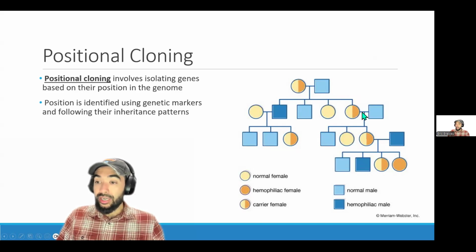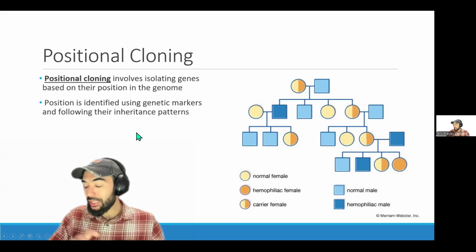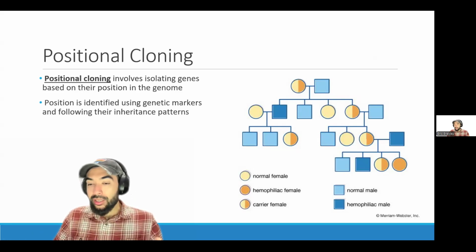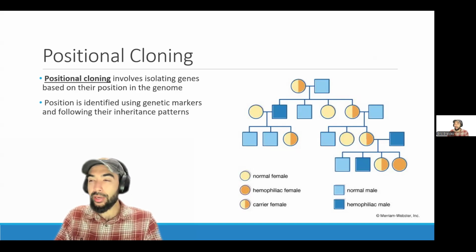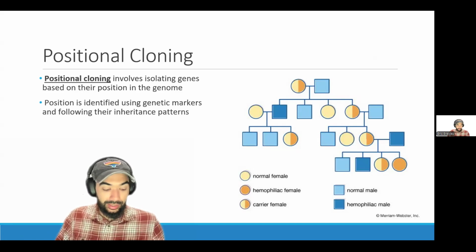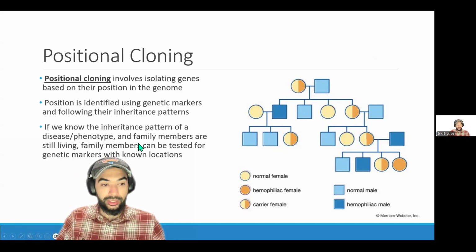If there's any marker on the X chromosome that's matching the inheritance pattern here perfectly within the family, then we know that marker is very close to the gene of interest. Now it's no longer a needle in a haystack. It's like we've removed 90% of the haystack and we have a small pile of hay with the needle in there. It's going to make it like 10 times easier to actually find the gene, but we haven't actually located it just yet.